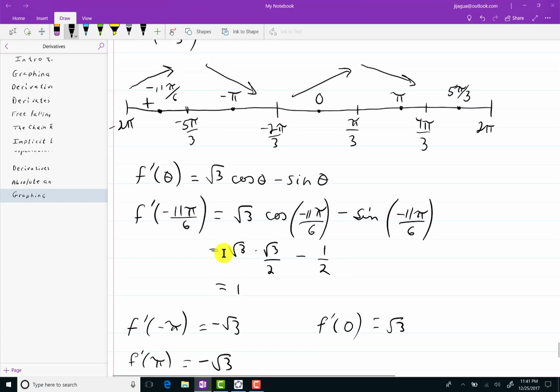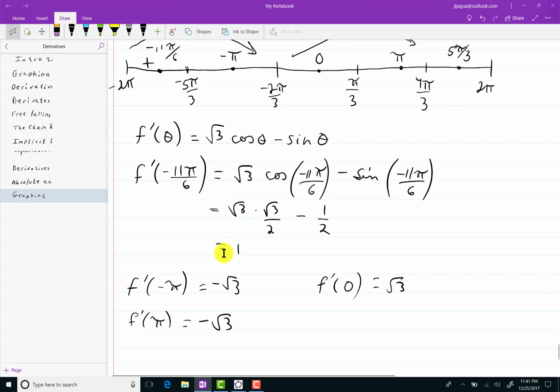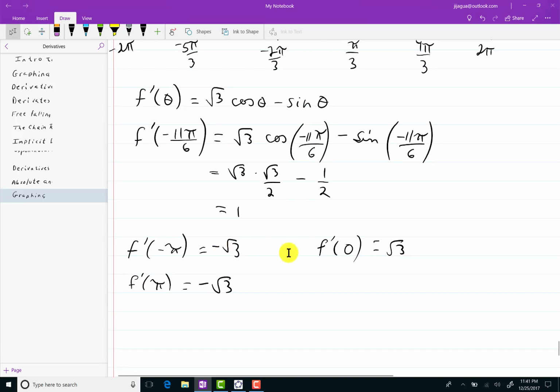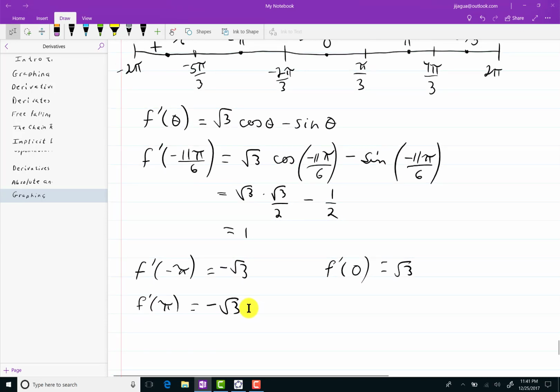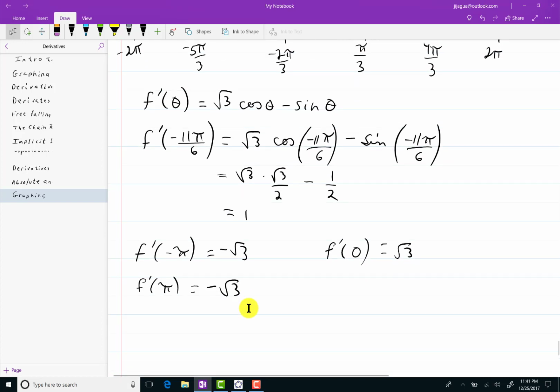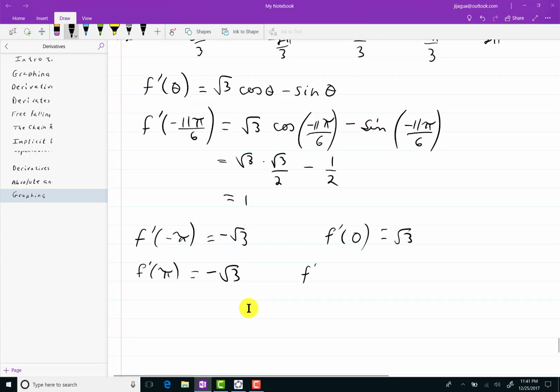And then finally, we'll have f prime of 5 pi over 3. This is a fourth quadrant angle akin to pi over 3. So that's where sine is dominant. So radical 3 cosine of 5 pi over 3 minus sine of 5 pi over 3.